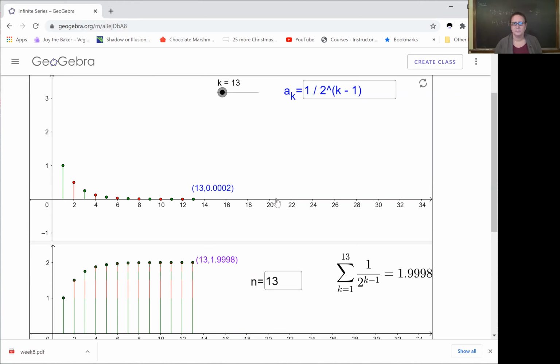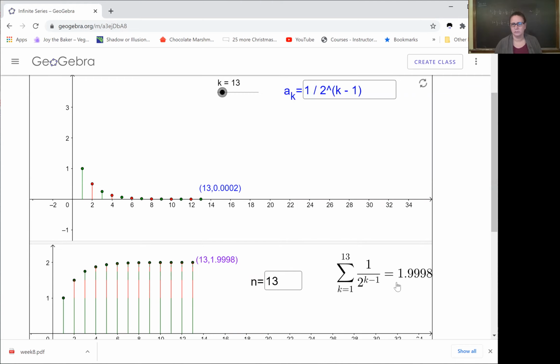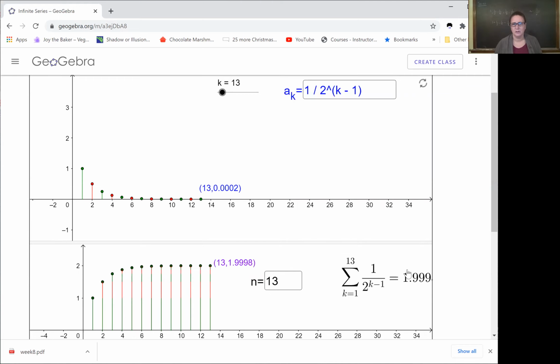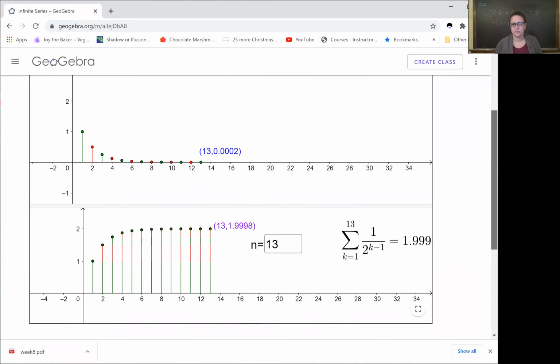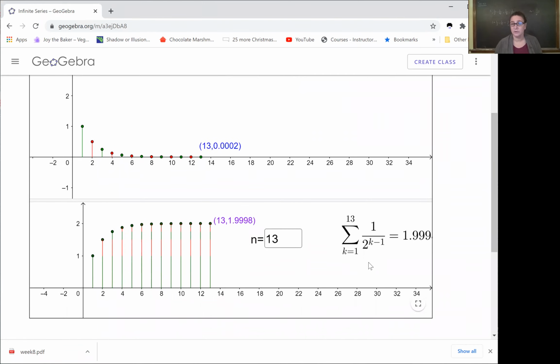And then underneath is actually the series. So here, this is of course not to infinity yet. This is just the first 13 terms, but you can see what's happening because these terms get so small.